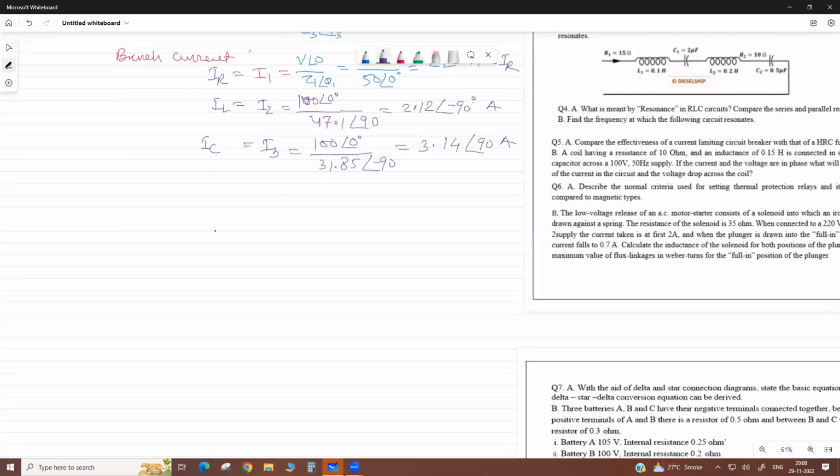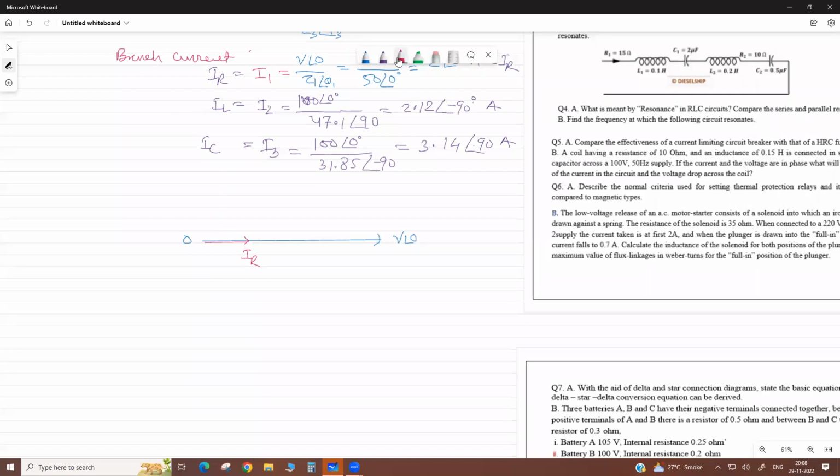So in a parallel circuit, voltage is the reference because voltage is the same. In series, current is the same. So this is your V, angle 0. Due to this voltage, the current in resistance is in phase with this voltage, so it is IR.